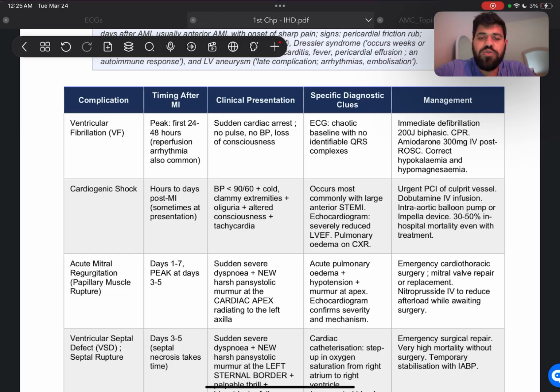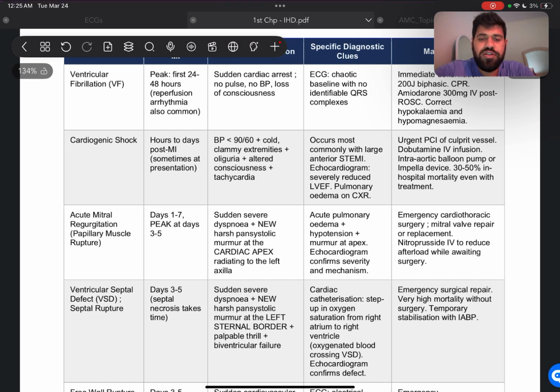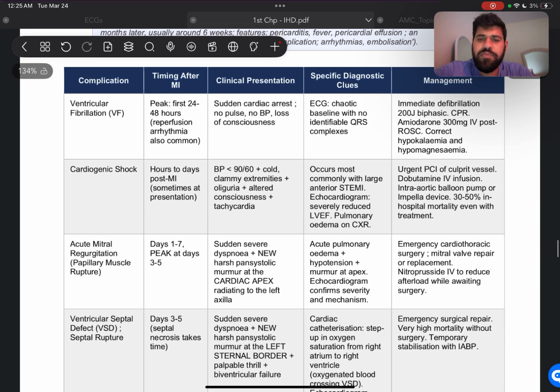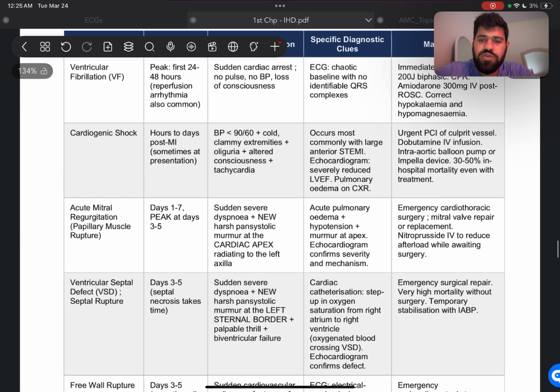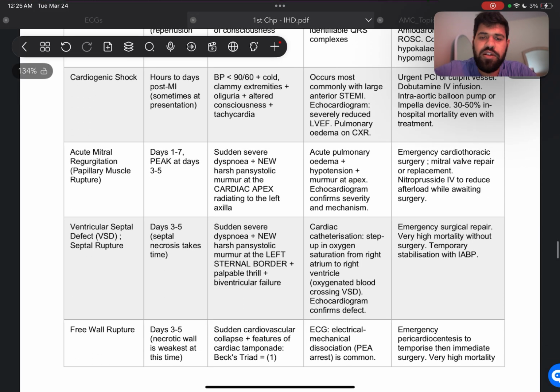Then cardiogenic shock could go from hours to days, and acute mitral regurgitation is 1 to 7 days and peaks at day 3 to 5. I've seen a lot of questions about acute mitral regurgitation due to papillary muscle rupture. Now you could also go over the clinical presentations, but for time's sake I'm keeping this video short, so I'm not going over it myself, but you can read this while going over this PDF.